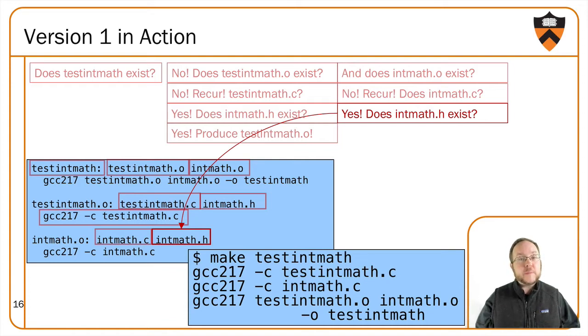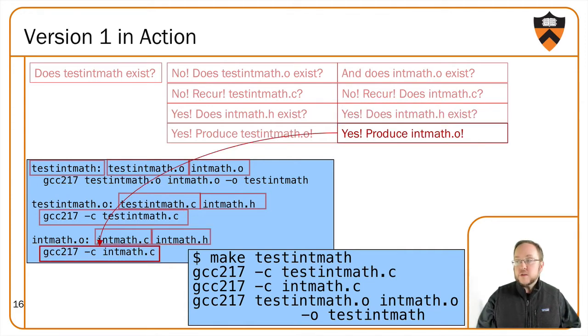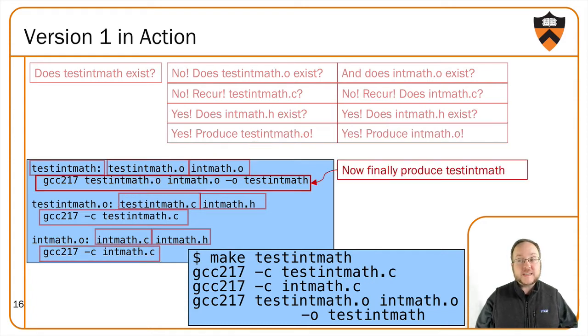And so now we're able to invoke the second command in the bottom box, gcc -c intmath.c, to build intmath.o. So we produce intmath.o, and at this point we've satisfied both of the prerequisites for testintmath, and we can in fact produce testintmath.